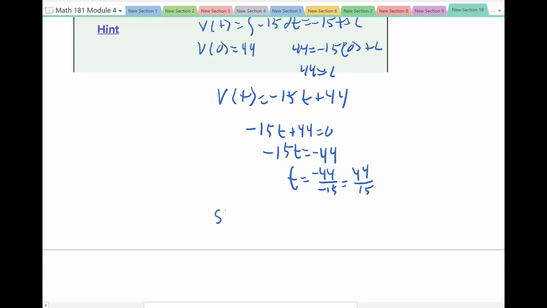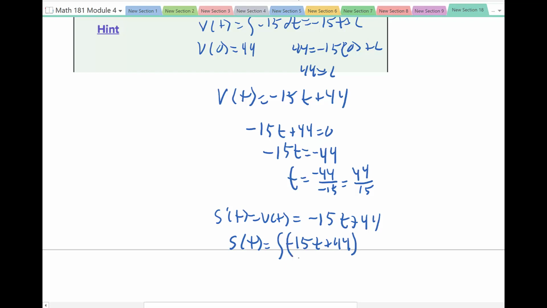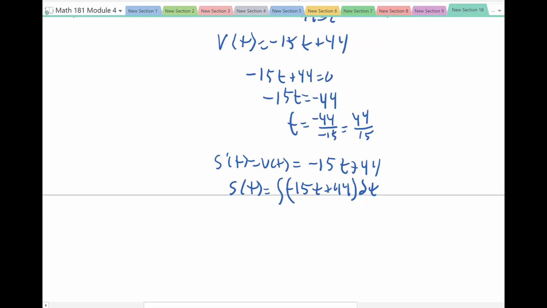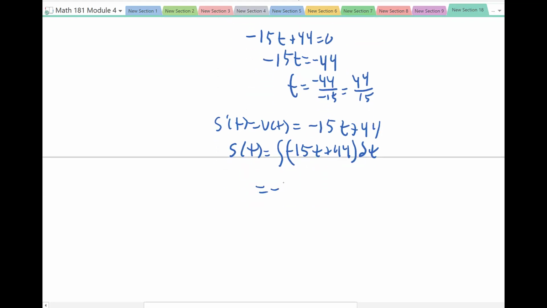Now we know that s prime of t is equal to velocity at time t, that's our -15t plus 44, so our position function at time t is the integral of -15t plus 44 dt, and that is going to be -15t squared over 2 plus 44t plus c.